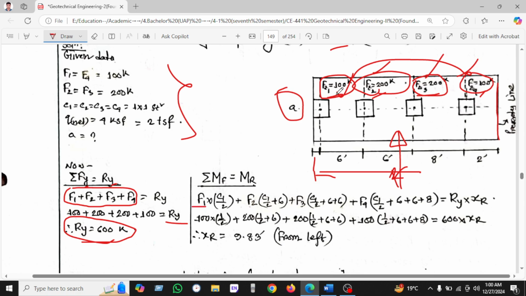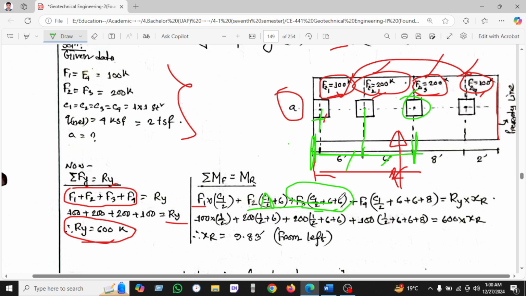So now we'll calculate the distance of Rx. So we know F1 into c1, so F1 into c1 is given here. I'm changing color. This is the distance, and F2, this is the F2, and distance will be c1 plus 2 into 6, and F3, this is the F3, so F3 portion will be from the left point to the distance of the centre of F3 point, and found c2 plus 6 plus 6.